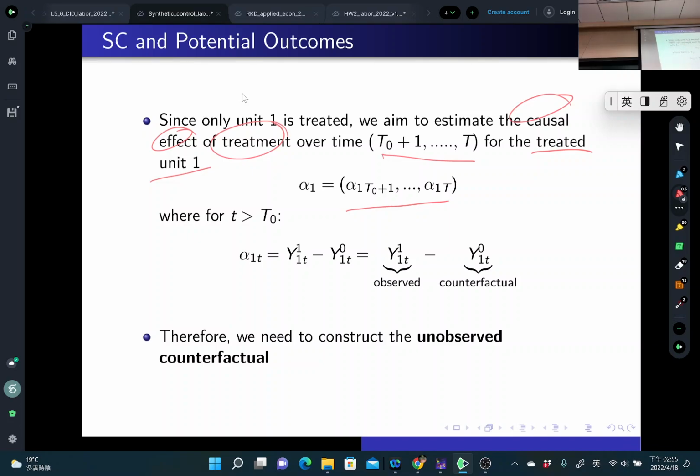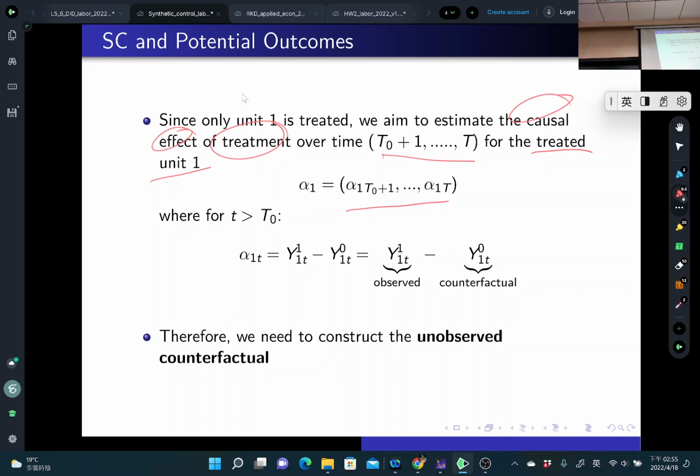We want to know the effect for each year, so we use alpha 1t to represent this effect over time. Ideally, we want to know unit 1's outcome at time t if they get the treatment, and unit 1's outcome at time t if they do not receive the treatment, and take their difference.